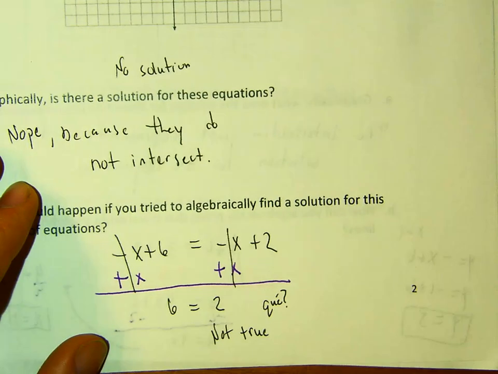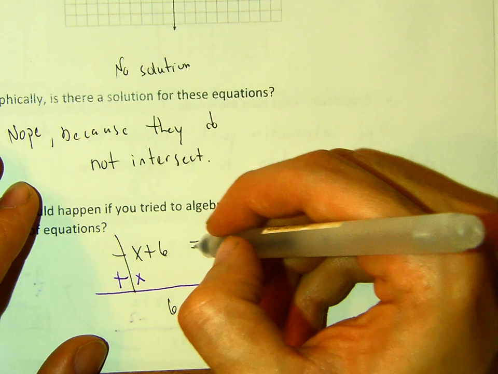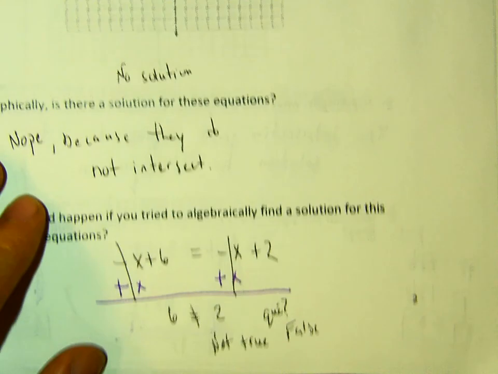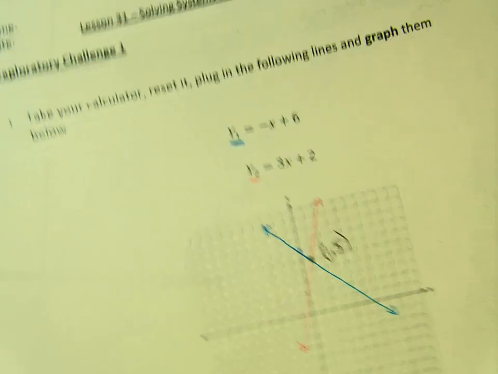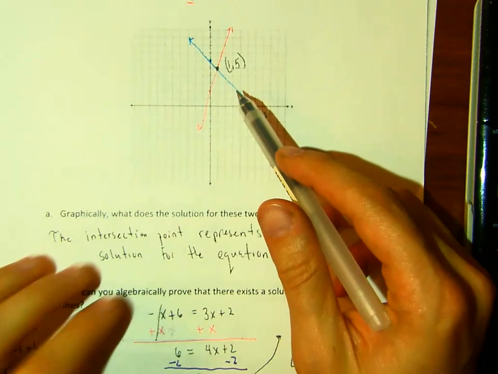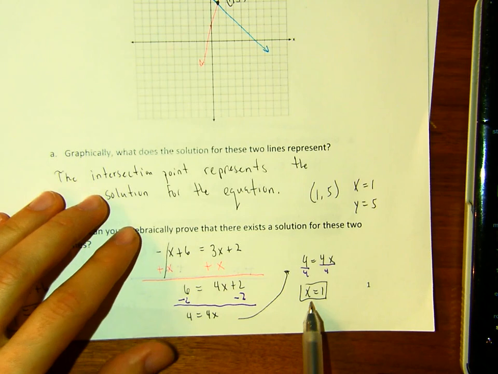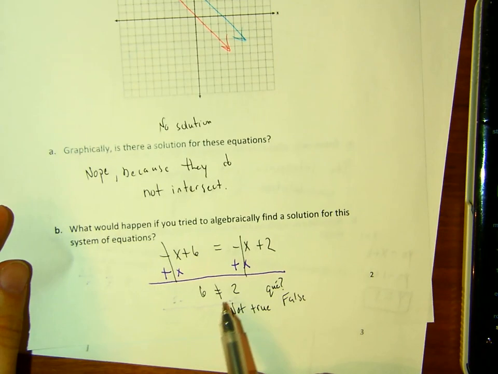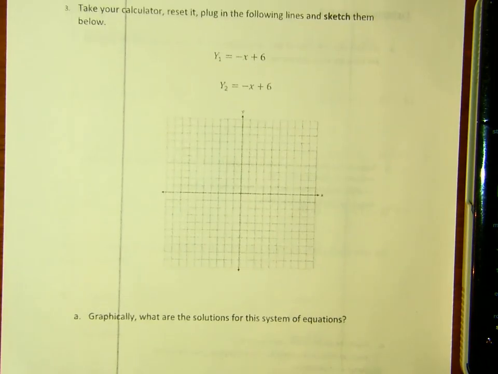And when you have something that's not true here, you know there can't be a solution. Okay? So this is false. So before we saw here, when we tried to find the solution, we were able to get x by itself. Here, when there is no solution, we got something that didn't make sense. Okay?